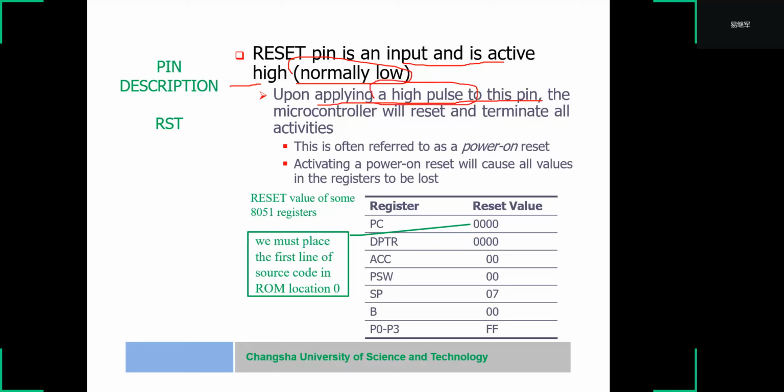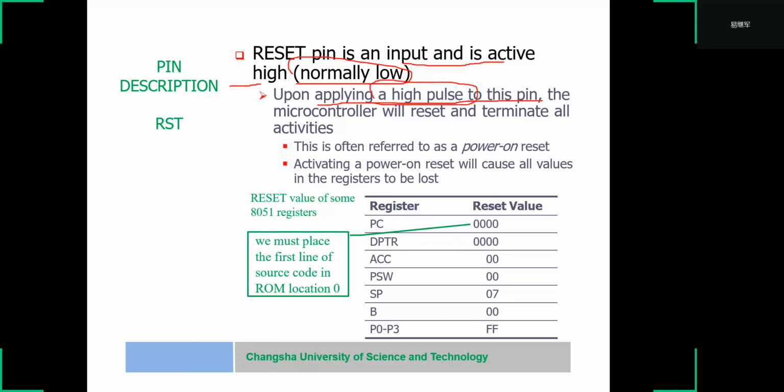In order for the reset input to be effective, it must have a minimum duration of 2 machine cycles. It means if you want to reset the microcontroller, you need to apply a high level to the reset pin for 2 machine cycles.